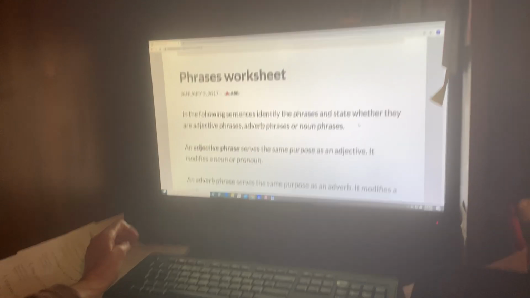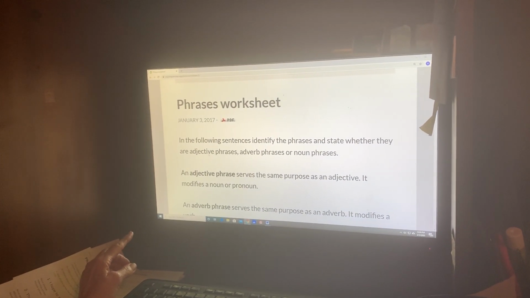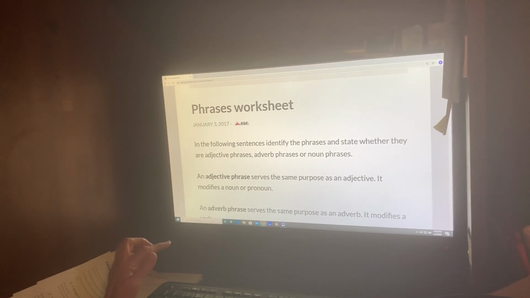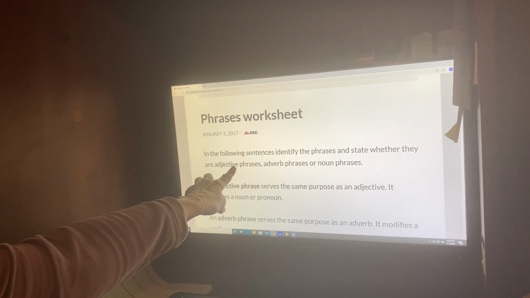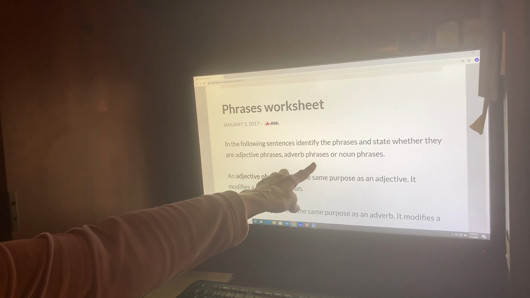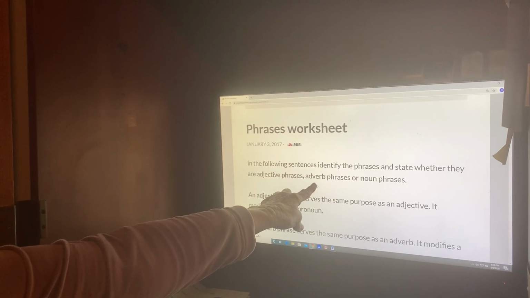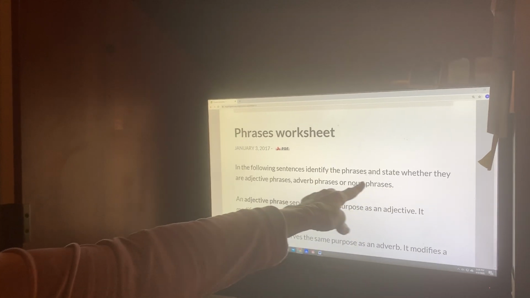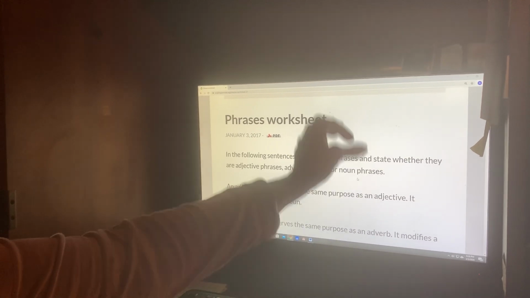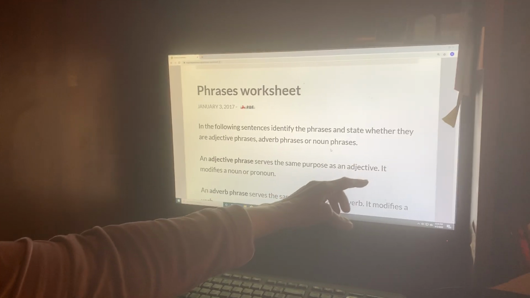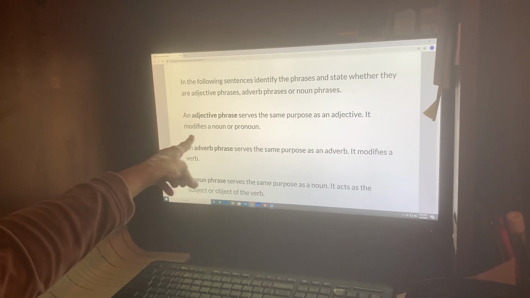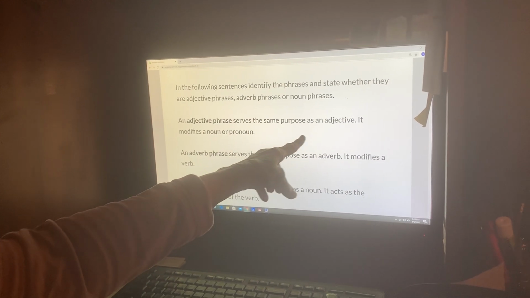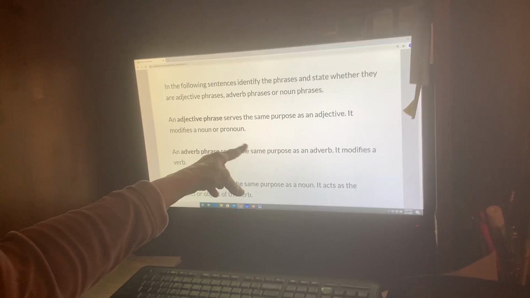In the following sentences, identify the phrase and state whether they are adjective phrases. What do they modify? A noun or pronoun. Adverb phrases modify VAA. And noun phrases don't modify anything; they function as a noun. Very good. An adjective phrase serves the same purpose as an adjective. It modifies a noun or pronoun.